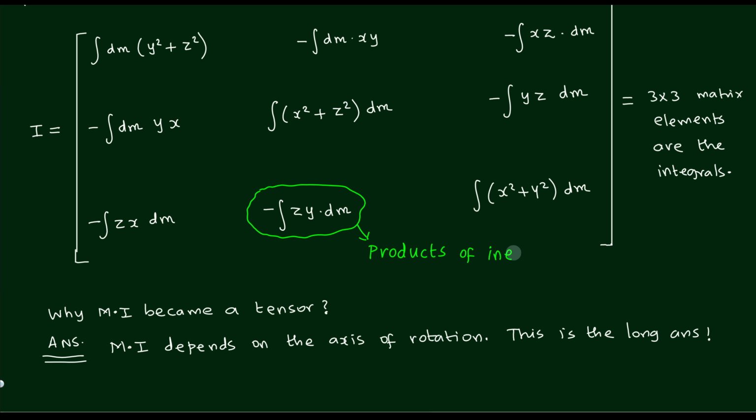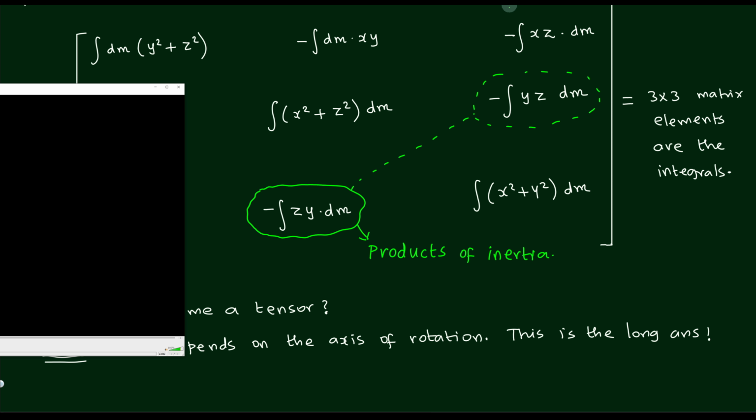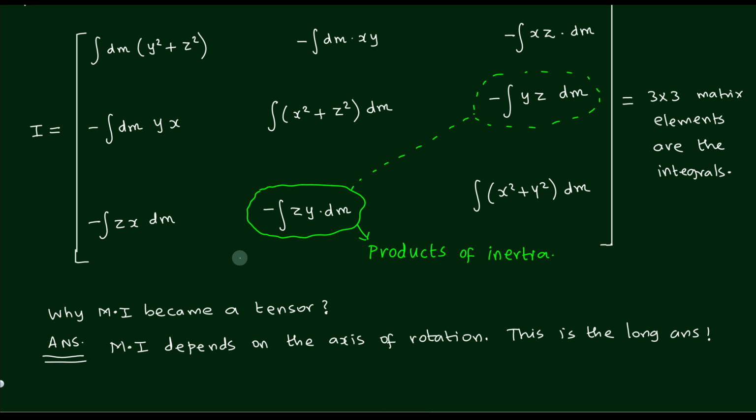The terminology is slightly different. Moment of inertia is a diagonal term. You see how many off diagonal terms there are? All these are off diagonal terms, and this is the diagonal term. The diagonal term is the standard moment of inertia, which you already know.